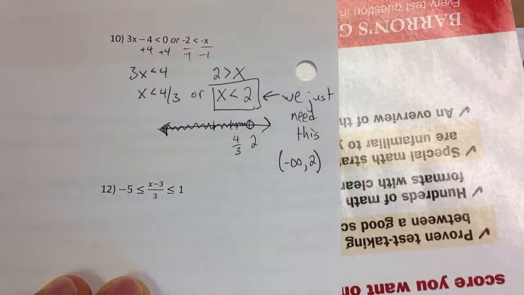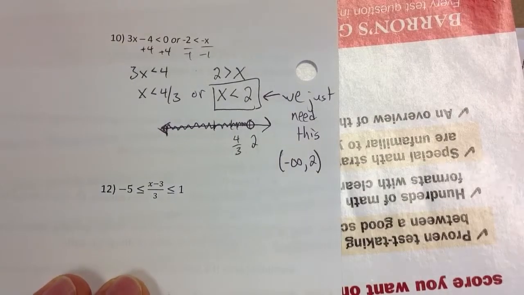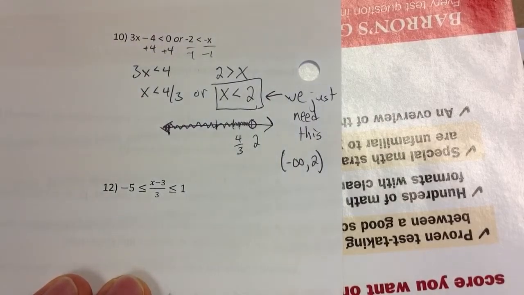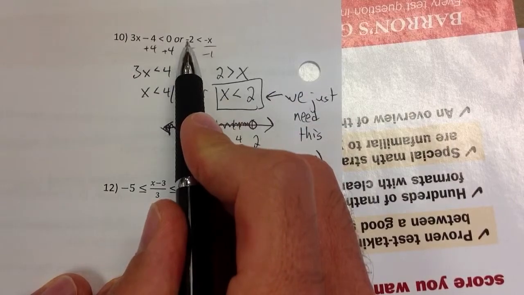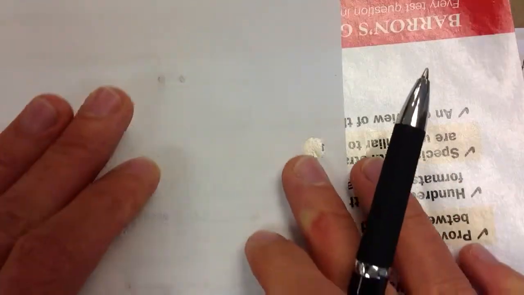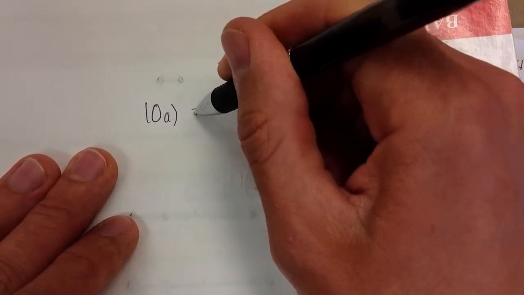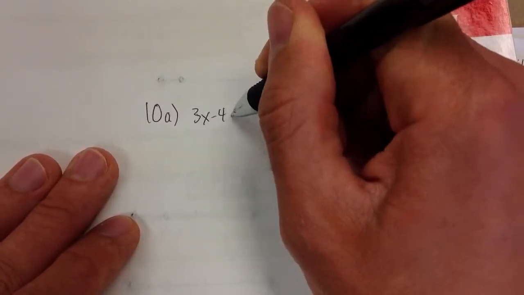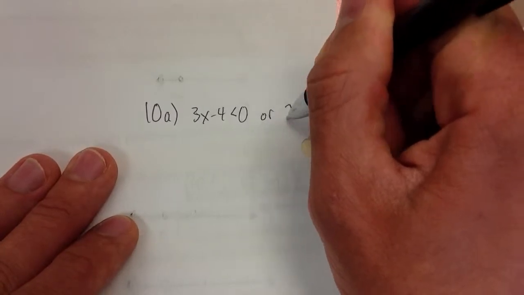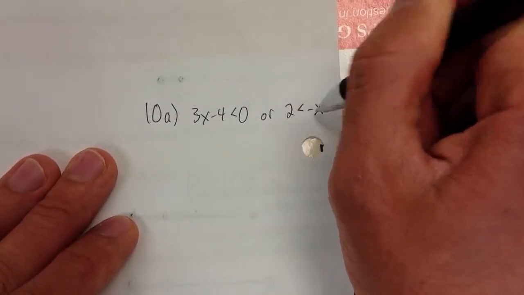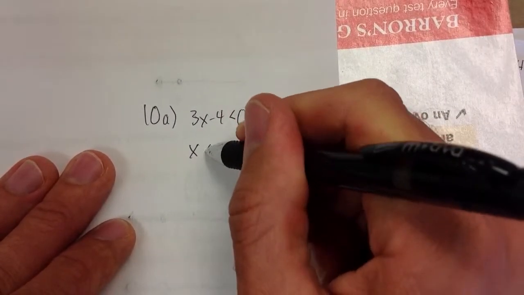Let me give you a counterexample. Let's say this negative 2 was a positive 2. So we'll say this is number 10. Well, same thing on the left.